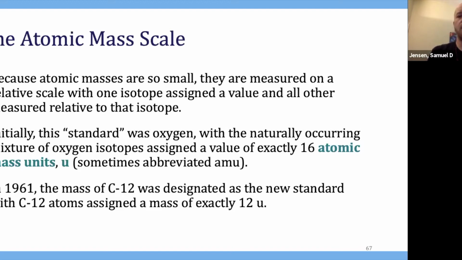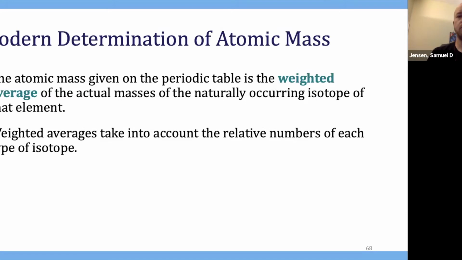Commonly there is a single bold number that indicates how many protons the element has. And then the second number is the atomic mass, which is similar in name to the mass number from the isotope designation, but it is not the same thing.